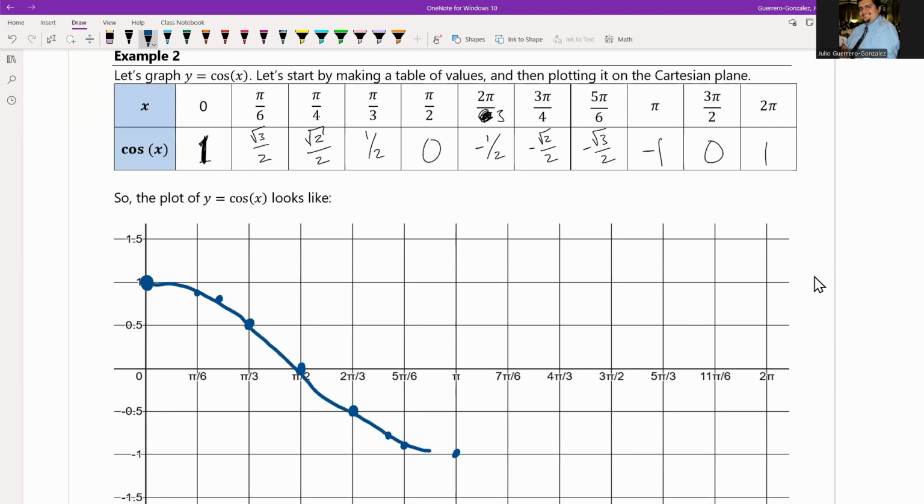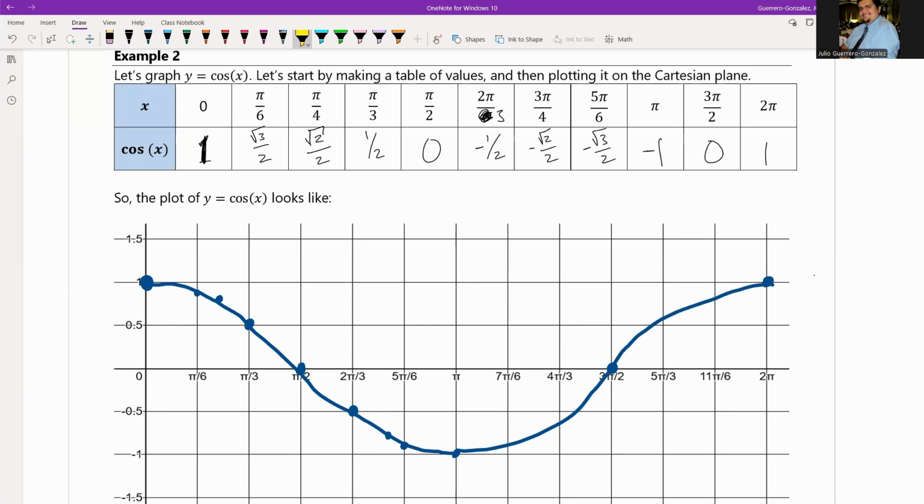Hopefully you guys see the squiggle. The last 2 points, 3 pi over 2, right there, and then 2 pi, which is going to be 1 again. You can fill in the points if you want to, but it's not really necessary.